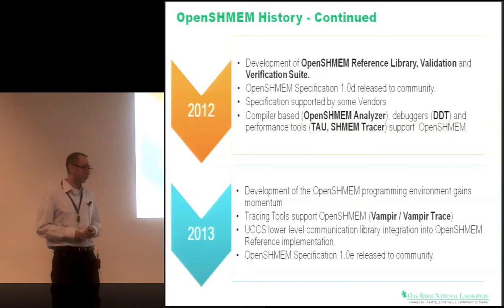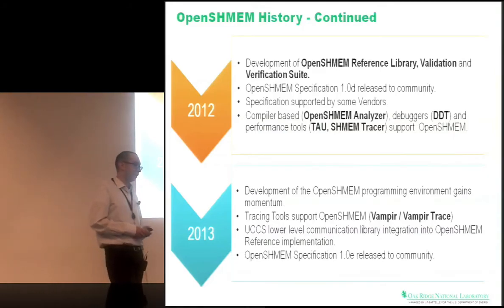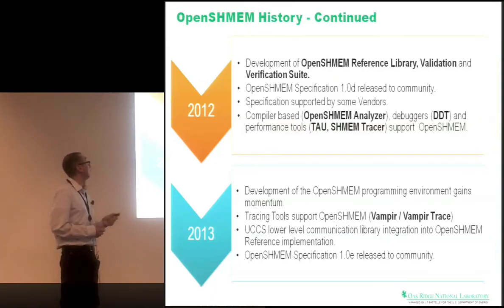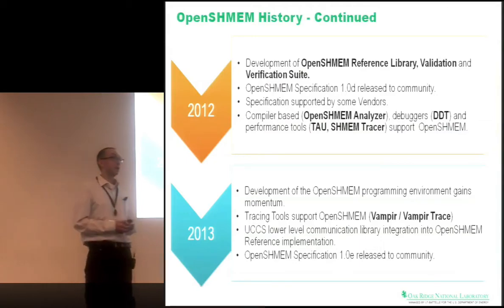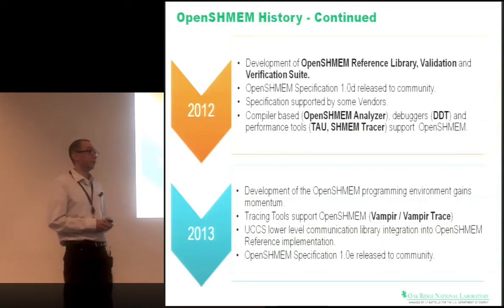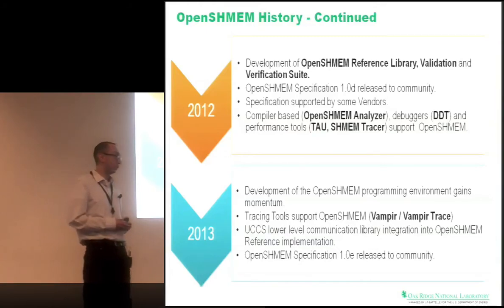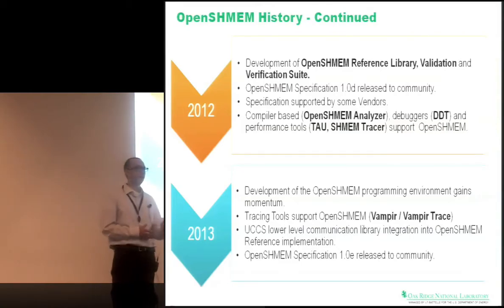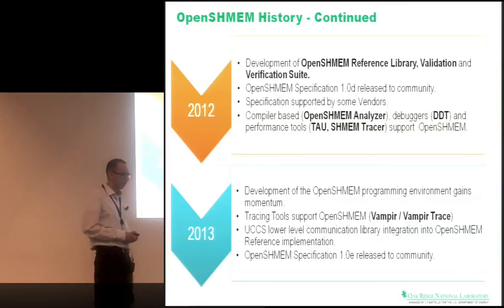Let's continue in the history. 2012, we continued to develop the reference library. We introduced a validation test suite, essentially tests to validate that your implementation is correct. We released 1.0D of the specification. It's very minor improvements.